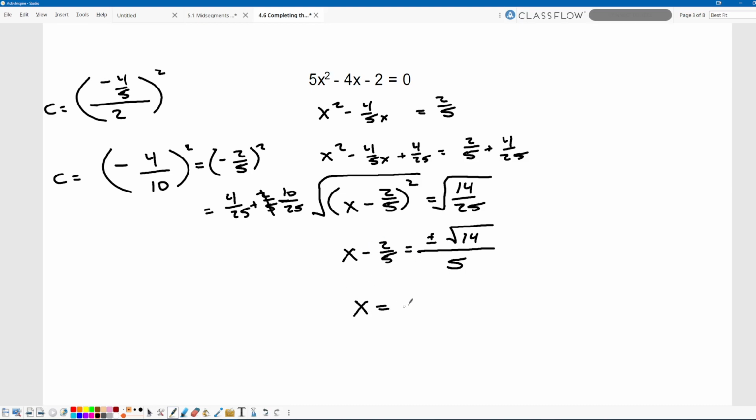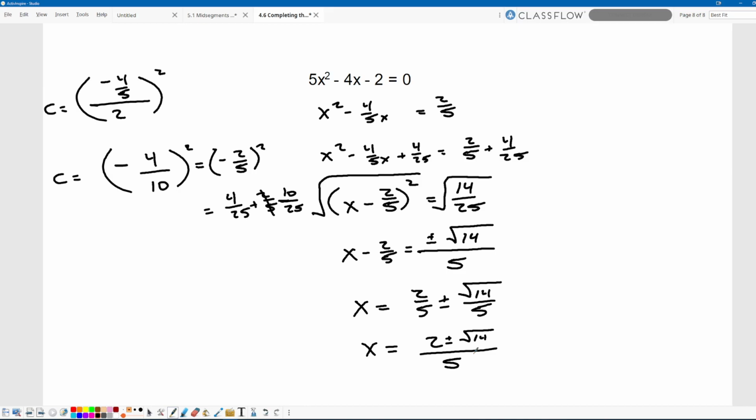You get x is equal to 2/5 plus or minus the square root of 14 over 5, which gives you x is equal to 2 plus or minus the square root of 14 over 5. And that is your answer. If you wanted to convert that into a decimal, you would say 2 plus the square root of 14 divided by 5 and 2 minus the square root of 14 divided by 5.